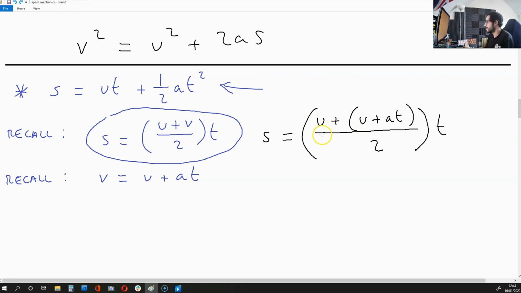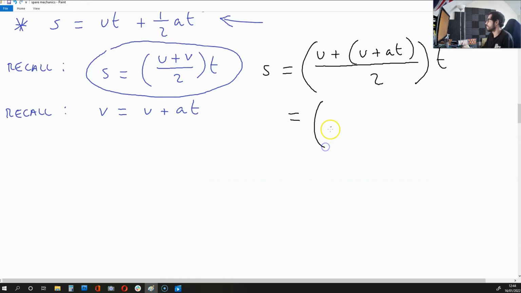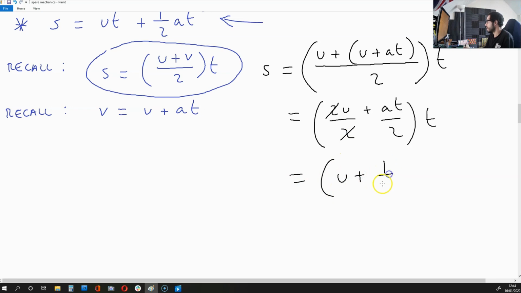This up here is going to give us, in brackets, 2u plus at over 2, okay, multiplied by t. And these 2's over here cancel each other out. So what we have in brackets is u plus half at, okay, multiplied by t.